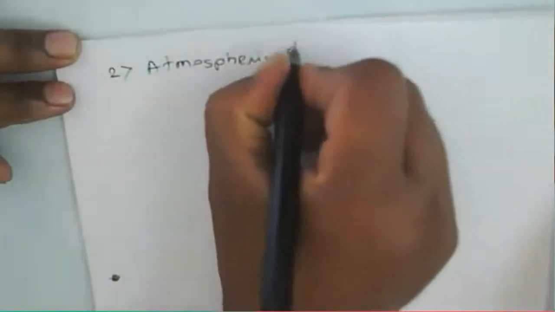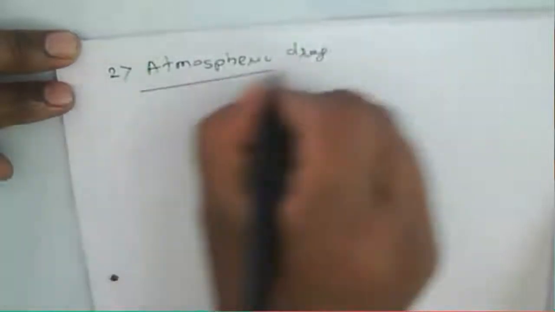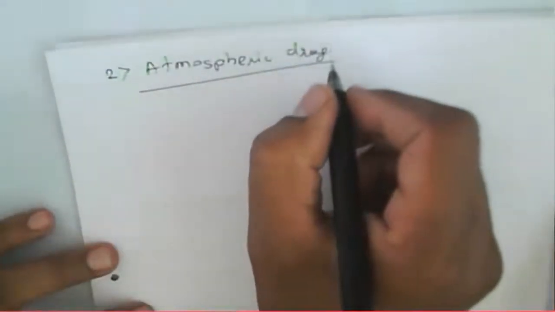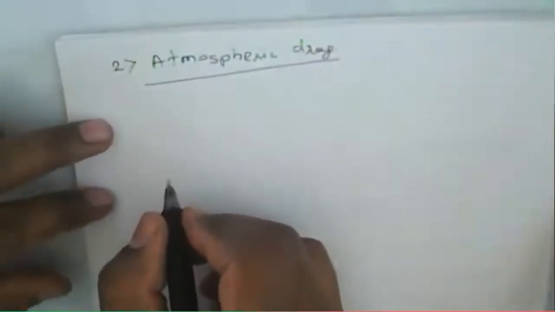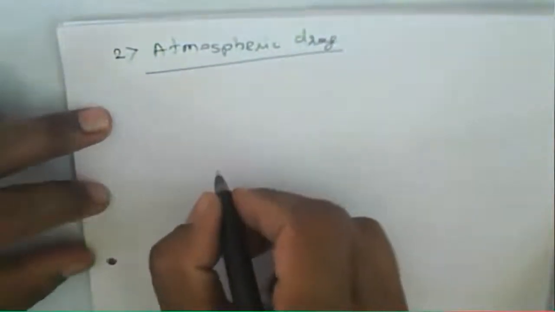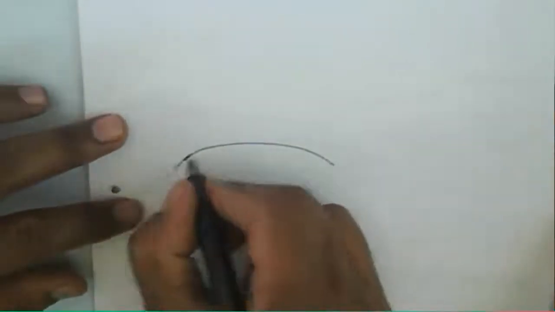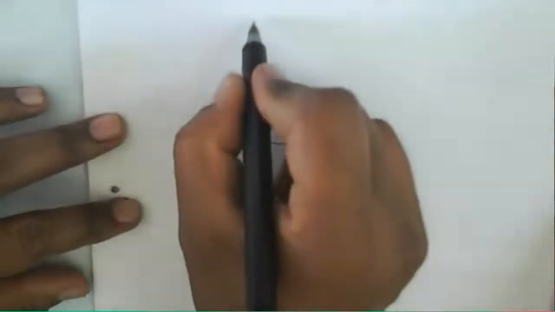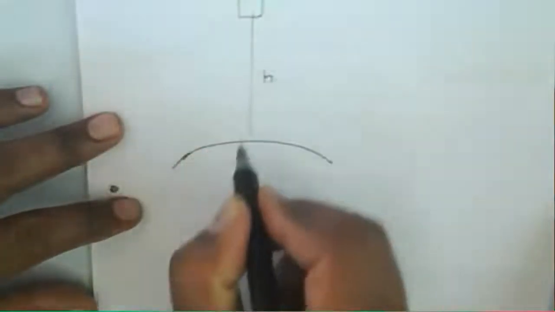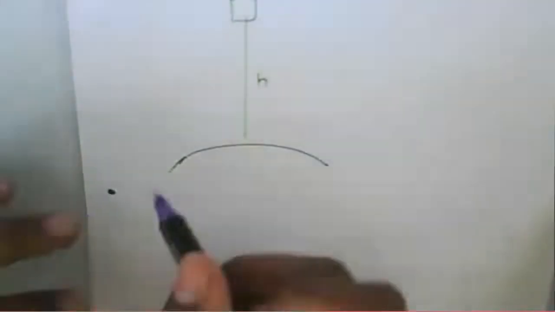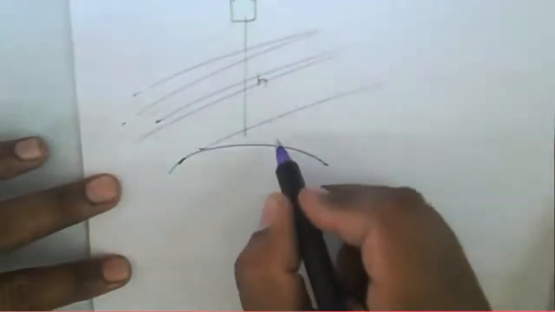The second perturbation is atmospheric drag. So what does atmospheric drag mean? Above the earth, whichever altitude we consider is the satellite position, and this is the altitude. This region is your atmosphere.